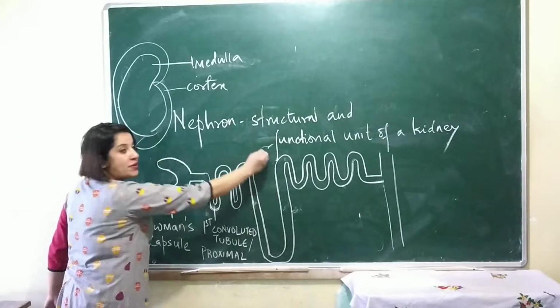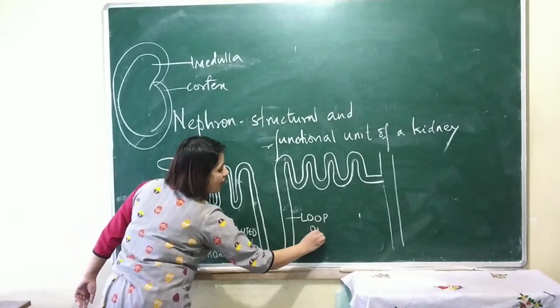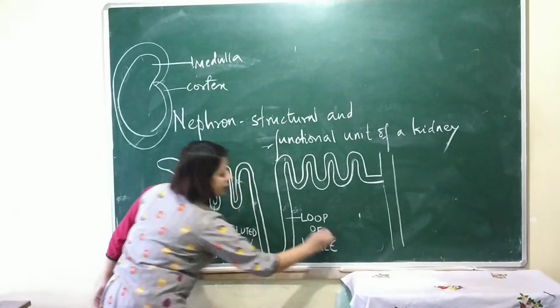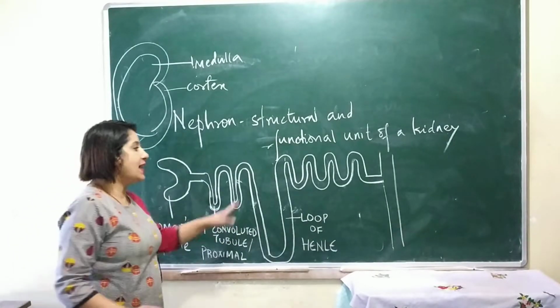This U-shaped structure is known as loop of Henle.